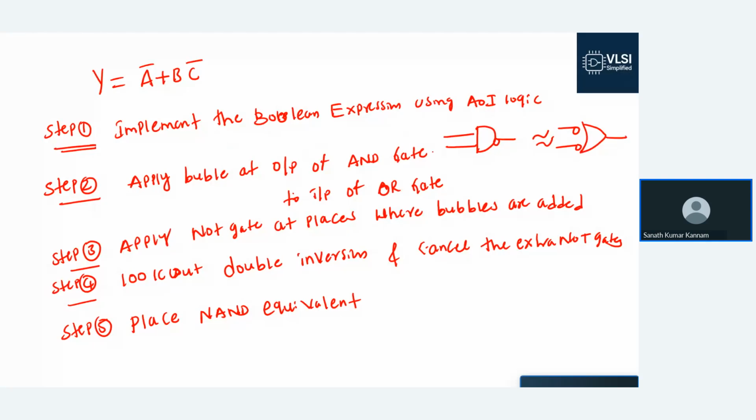Based on that, you apply the bubble at the output of AND gate and at the input of OR gate. And next, apply NOT gate wherever you added the bubble. Any two inverters, you need to cancel with each other. And at last, you need to place the NAND equivalent. So this is about the steps.